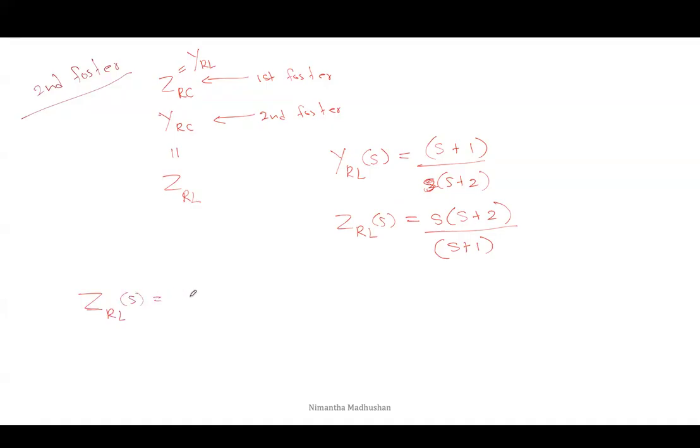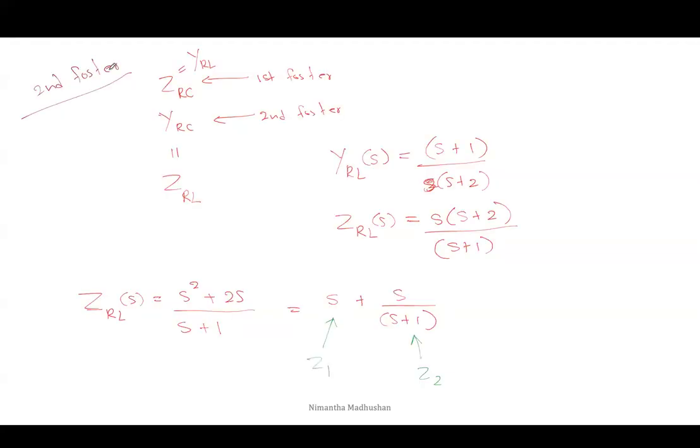Z_RL(S) is equal to (S squared plus 2S) over (S plus 1). Then the expansion will be S plus S over (S plus 1). This is the expansion of this impedance function. And these are the small impedance values Z1 and Z2.